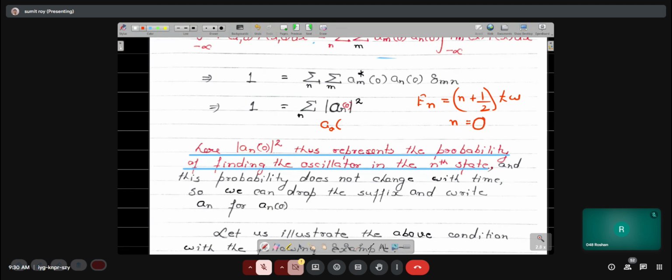So there is a state which we termed yesterday as zero point energy, and that zero point energy refers to the value n equals to 0. That is why we have a term here starting with n equals to 0. So you have mod a_0(0) square plus mod a_1(0) square and so on. Can anyone tell me what this term represents? This entire term?